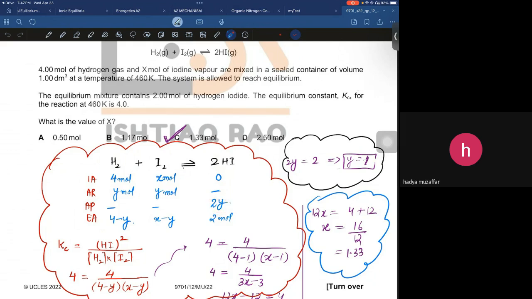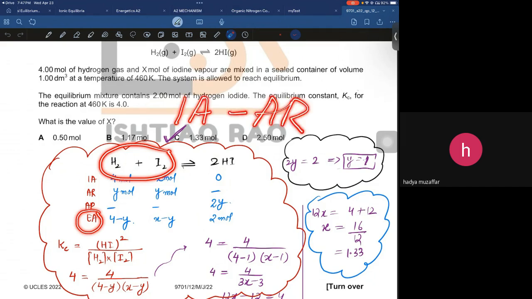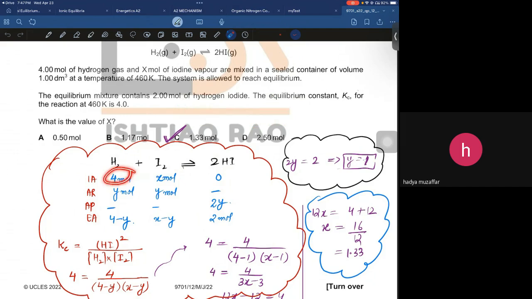Then the equilibrium mixture contains 2 mole of HI, and the Kc given to you is 4. For the reactants, the equilibrium amount is equal to IA minus AR, so it's X minus Y.